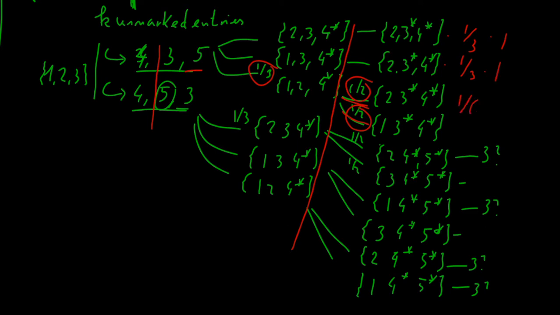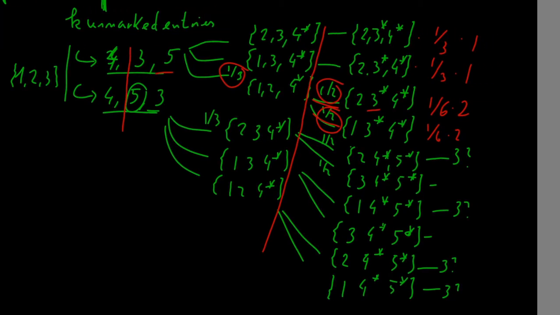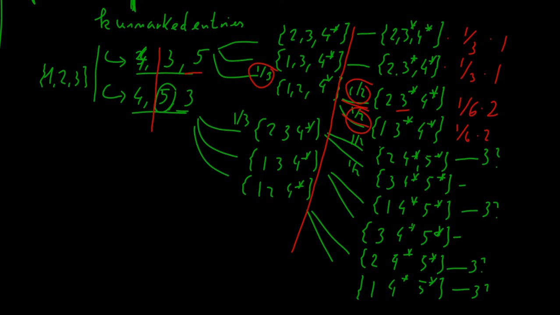This guy there is 1/6 times 2, because we have to pay for the 3 and we have to pay for the 5. And this guy here is 1/6 times 2. Now the sum there is just 2/3 plus 1 plus 2/3, which is 4/3.